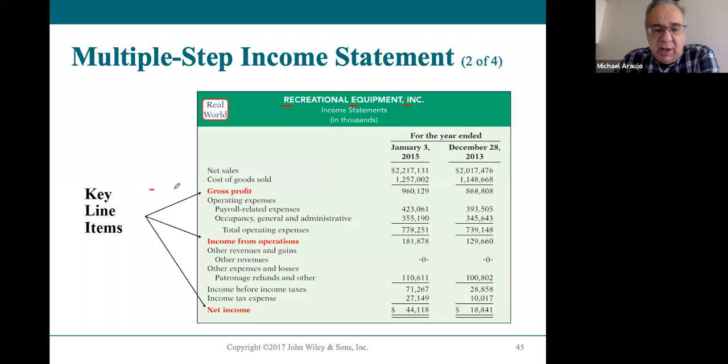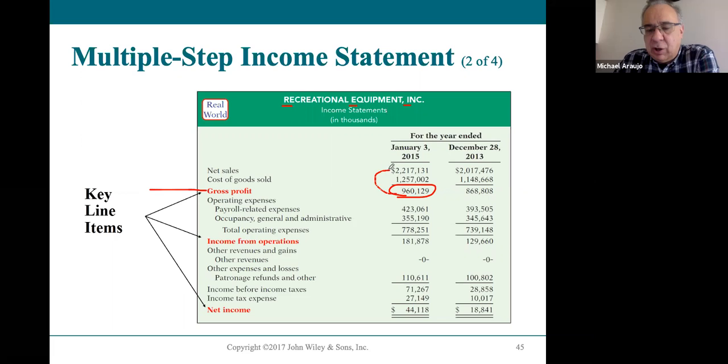So one is they give you the gross profit here, right? The gross profit is net sales minus cost of goods sold. And that's important because remember, this is the amount of money left over from the customers, right, after they've paid for the goods that they sold to the customers. So a gross profit is a very important indicator.